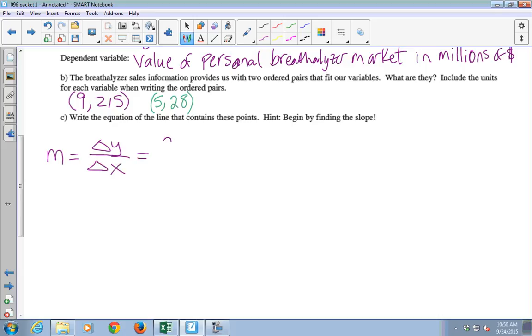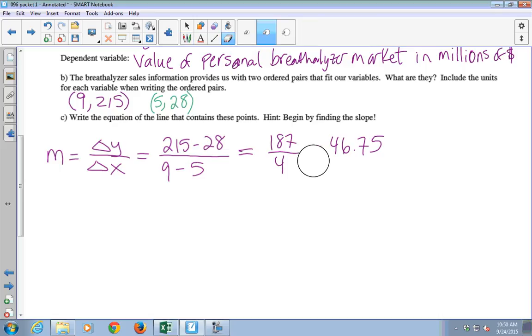So 215 minus 28 over 9 minus 5, 187 over 4. And let's get a number for that: 46.75. Is that exact? Okay, then I don't need that squiggly equal sign.